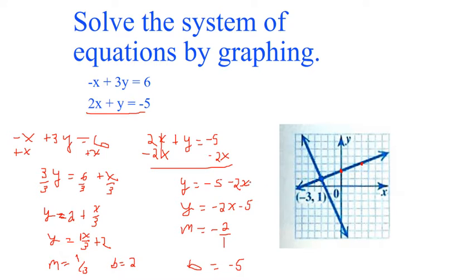For the second equation, we have a y-intercept of negative 5. So I'm going to go down 2 and 1 over. And there you have the graph. And it looks like the solution for this system of equations will be (-3, 1), because that's the point where the two lines intersect.